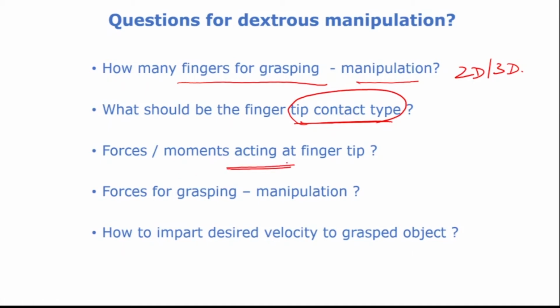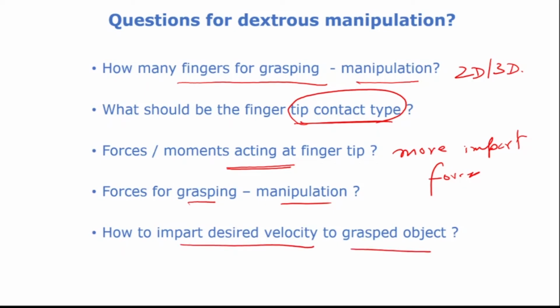If you want to move an object, you have to impart forces to move it. So what are the forces and moments acting at the fingertip? What are the forces required for grasping? What are the forces required for manipulation? And lastly, how to impart desired velocity to the grasped object.